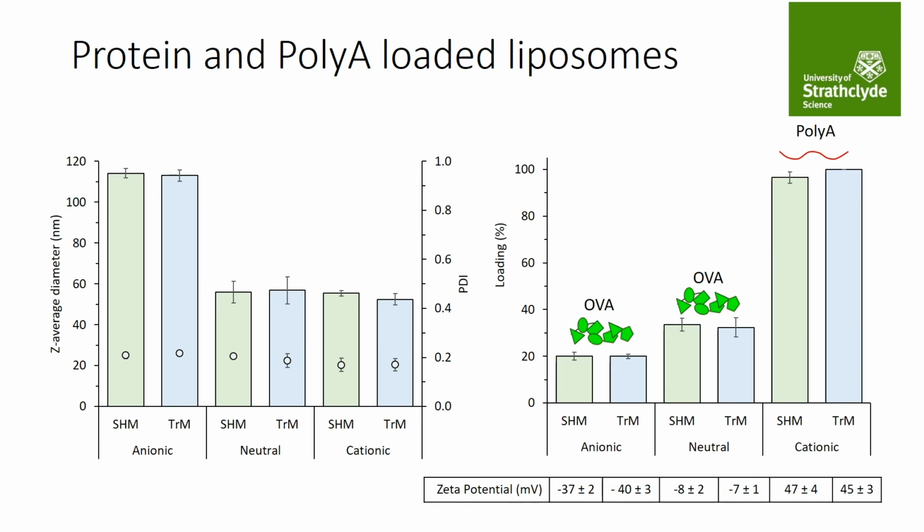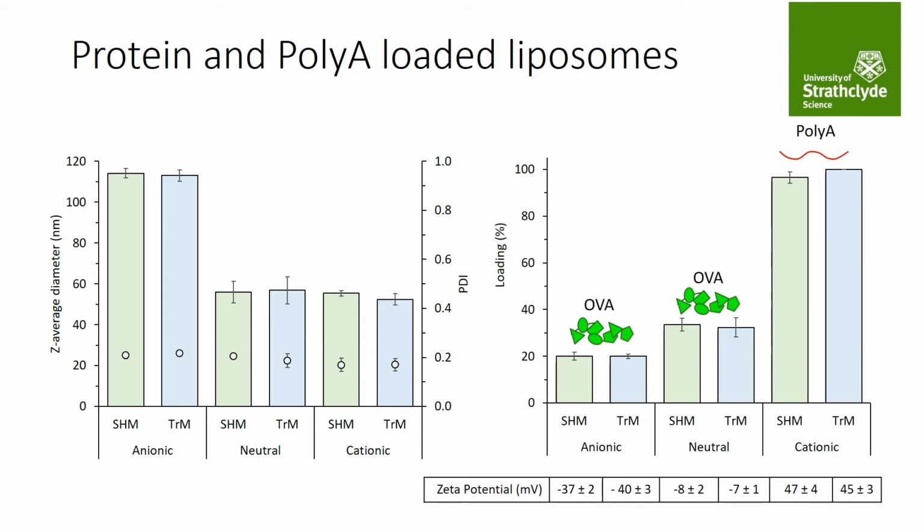With the anionics there was quite a large size difference between the unloaded and loaded, but again no differences between the cartridges, and there's only a slight size increase between entrapment with the neutrals and adsorption with the cationics as well.